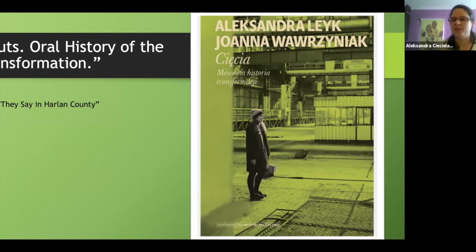So even though the book is about Poland and published in Polish, I think it's a very interesting approach that could also be used in the United States, especially in communities that rely heavily on one employer.